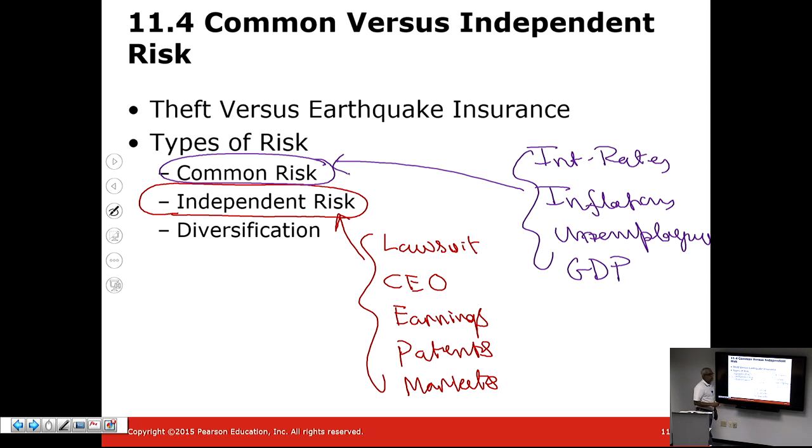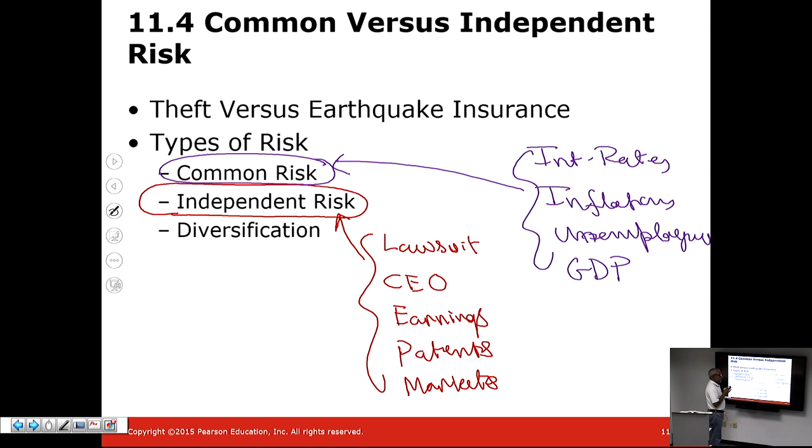They're common meaning they are things that affect every stock in the economy. So there are two sources of risk that are present in each stock, or each company is impacted by two sources of risk. A source of risk that is independent of one another, and a source of risk that is common across the board.